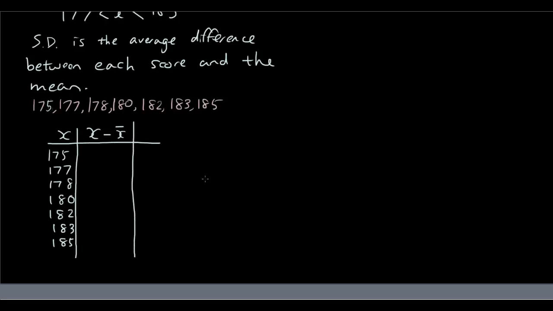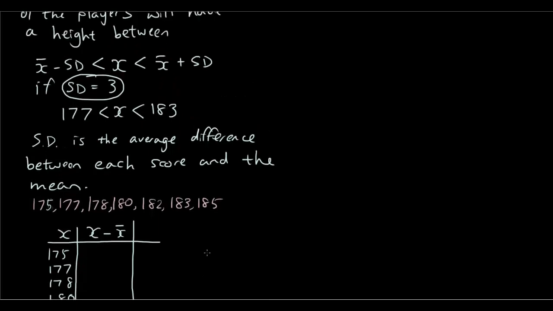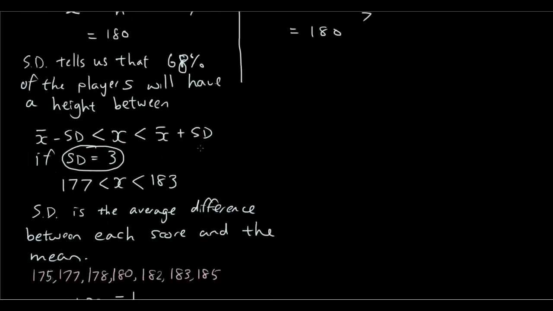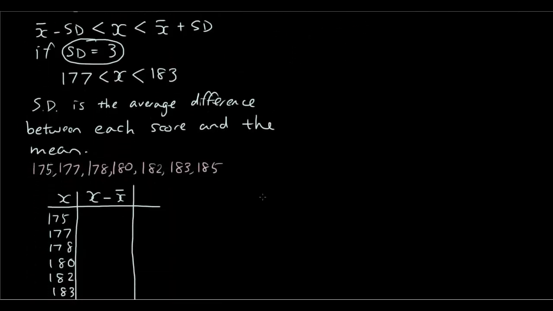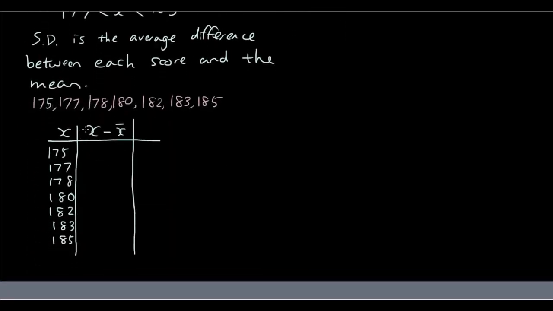So you can see the mean, as we calculated previously, is 180. So we're just going to get each of these numbers minus 180. So 175 minus 180 is actually negative 5. And then we have negative 3, negative 2, 0, 2, 3, 5.